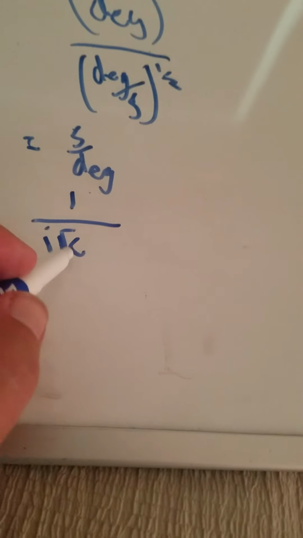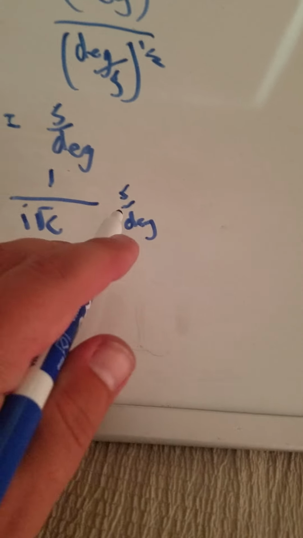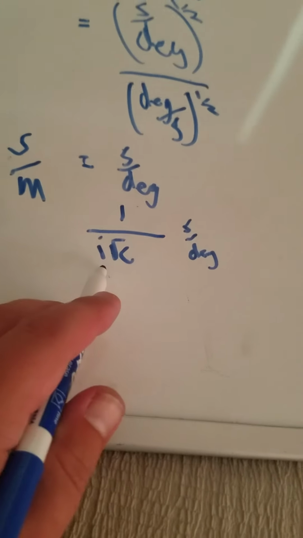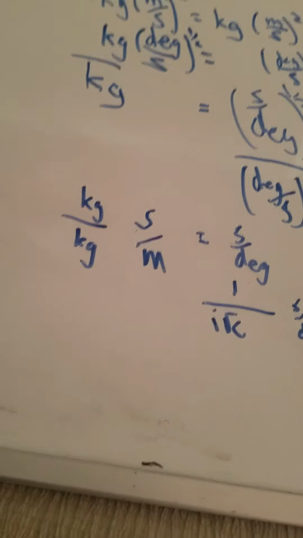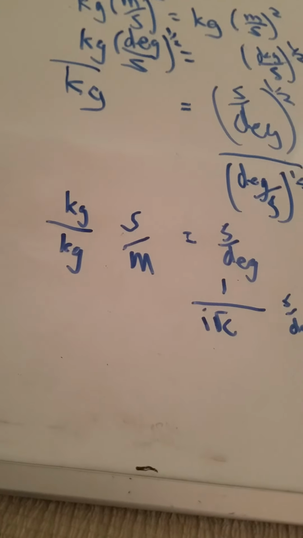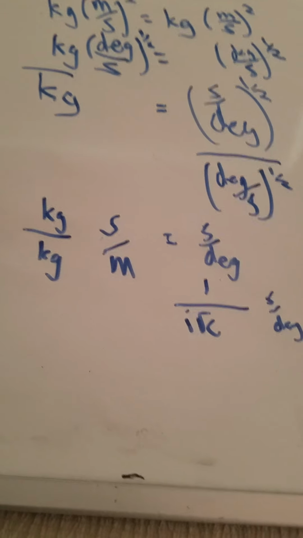And the units are seconds over degrees, which is applying to the square root c. The I, on the other hand, is imaginary. So kilograms over kilograms, those are kind of imaginary units, but they kind of exist. They come into play in certain things.